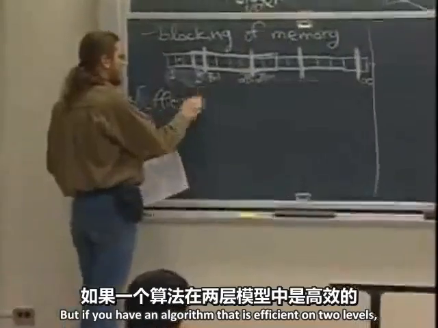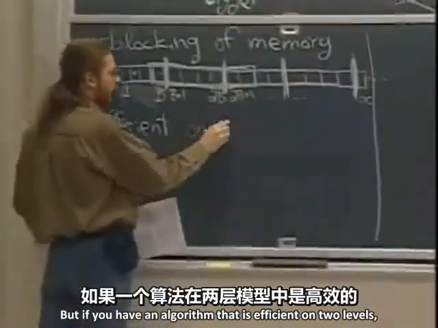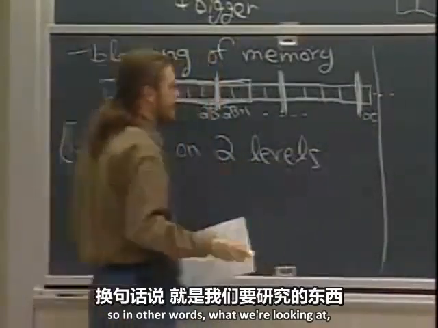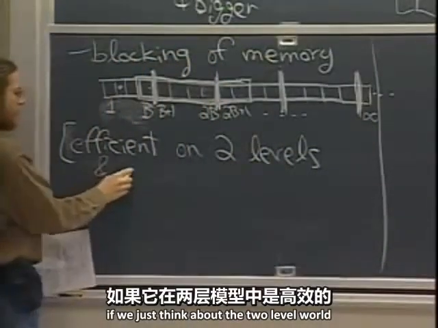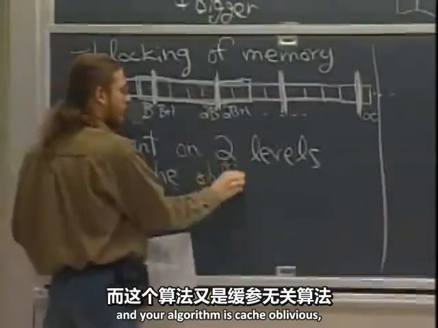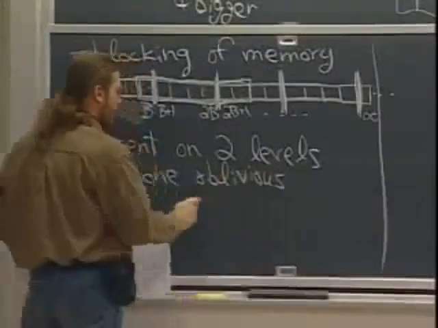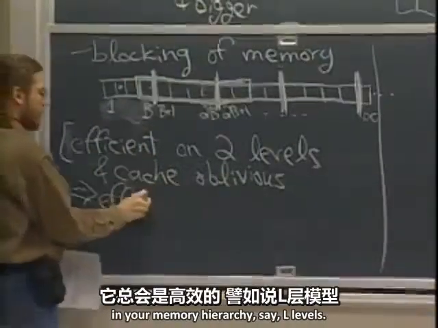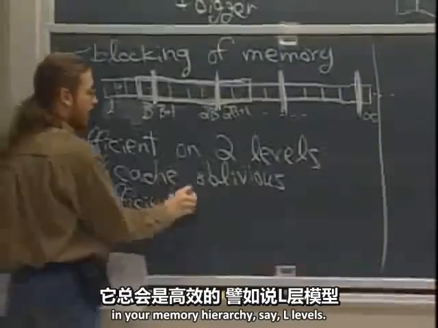If you have an algorithm that is efficient on two levels, in other words, if we just think about the two-level world, and your algorithm is cache oblivious, then it is efficient on any number of levels in your memory hierarchy.